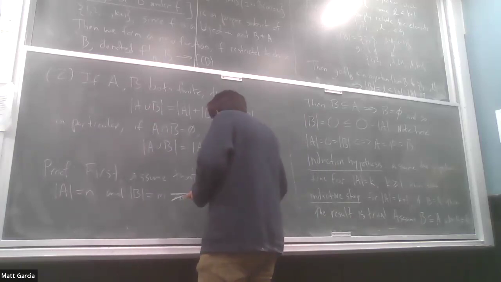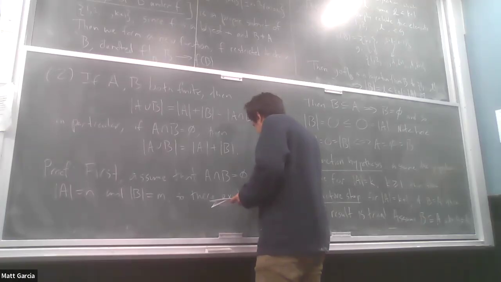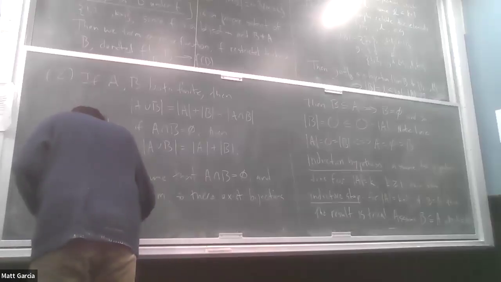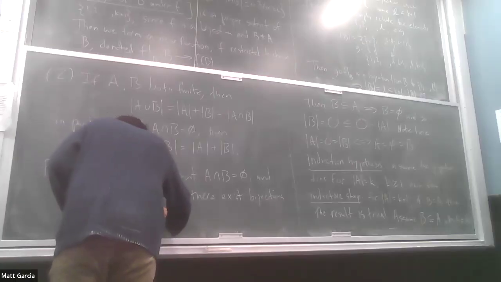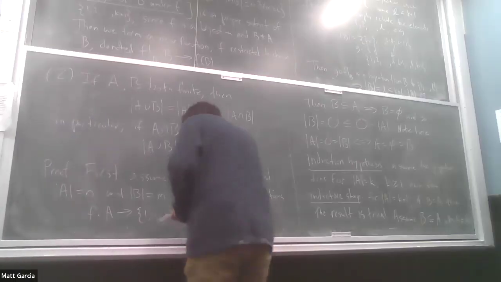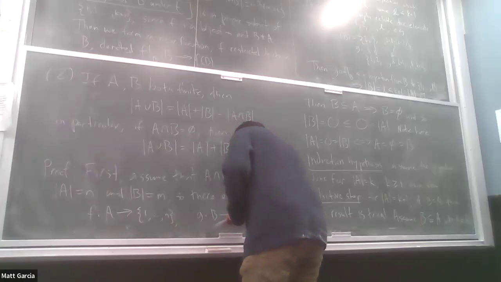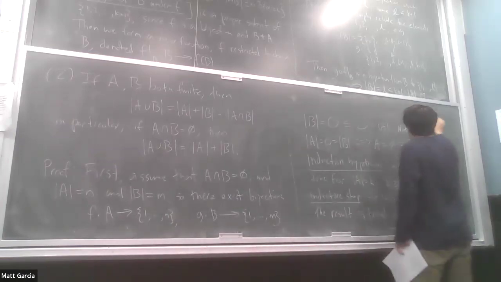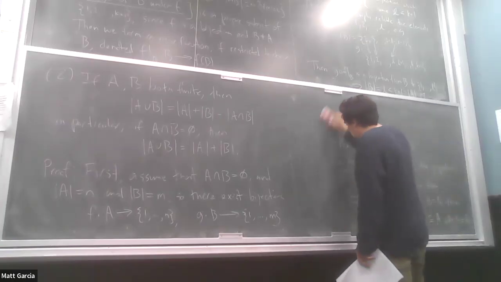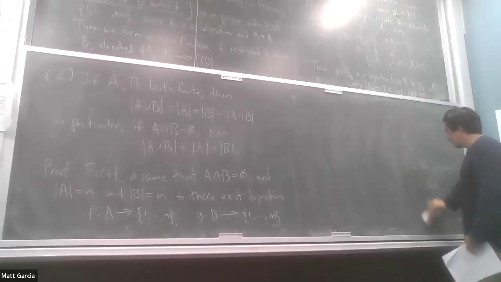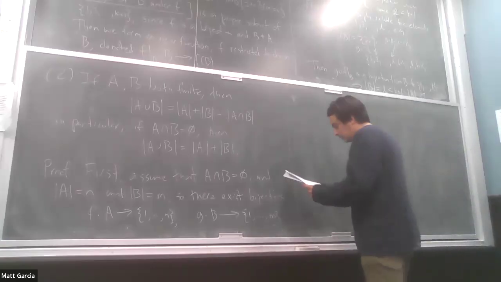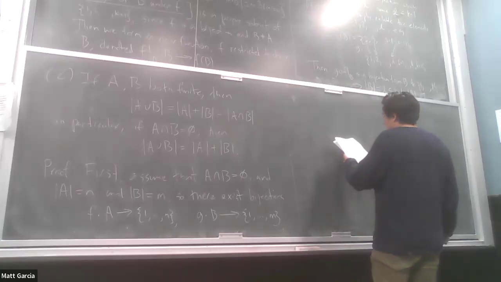So there exist bijections f going from A to 1 through n, and g going from B to 1 through m.